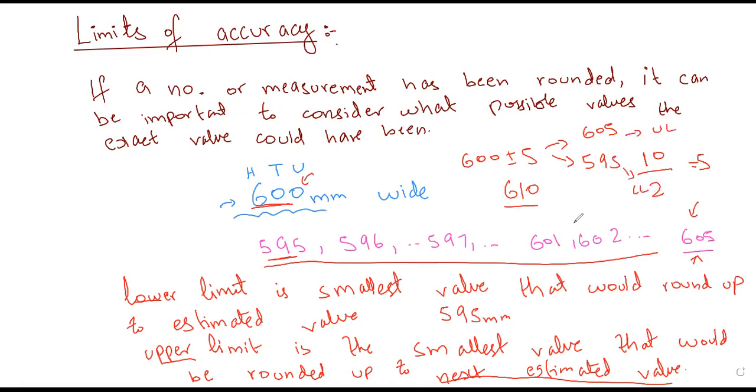Why did we take 10? Okay, we took 10 because the value is 600, right? The value is 600 and it has been rounded this way. So the zero digit is coming on the tens position. This is why, okay, I'm not explaining how to do that right now.